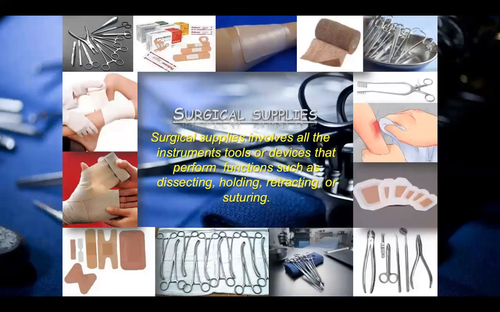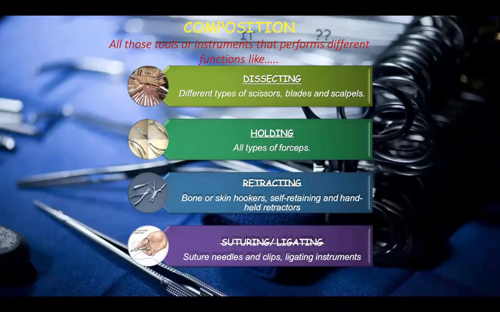So these are surgical supplies; you can see in the picture various types: needles, scissors, different surgical instruments. These are used during surgical procedures. These tools or instruments perform different functions: dissecting, holding, retracting, suturing, ligature.